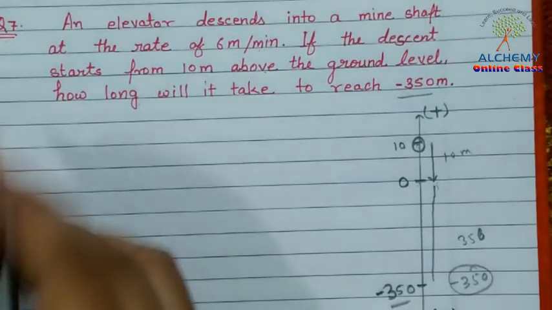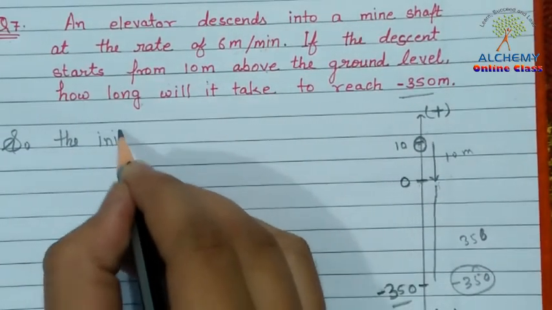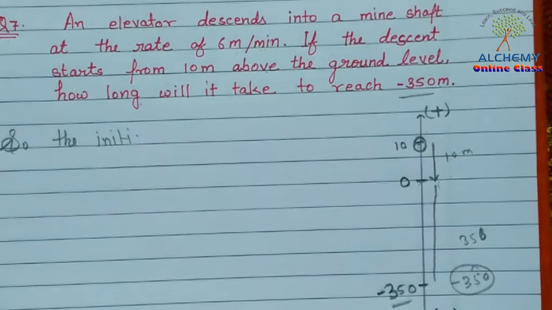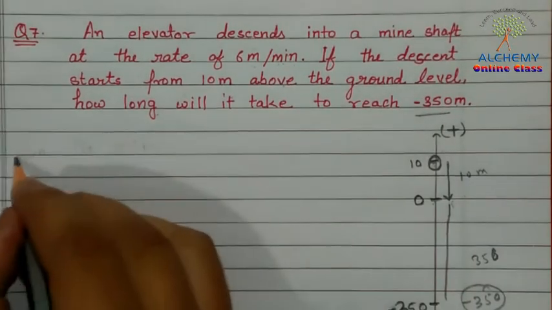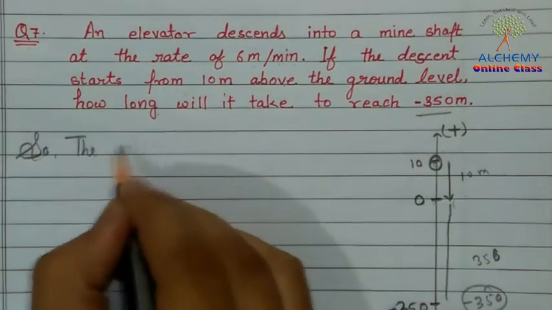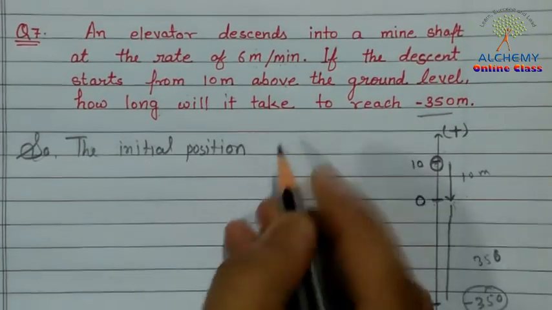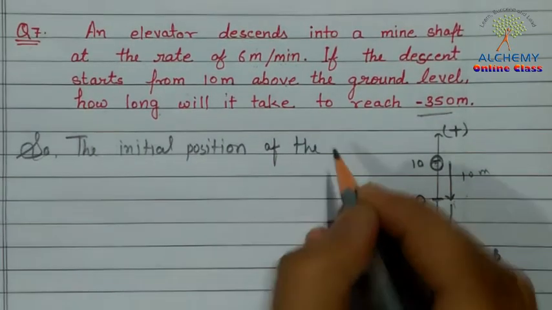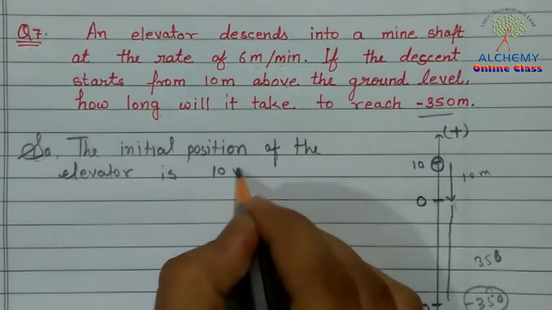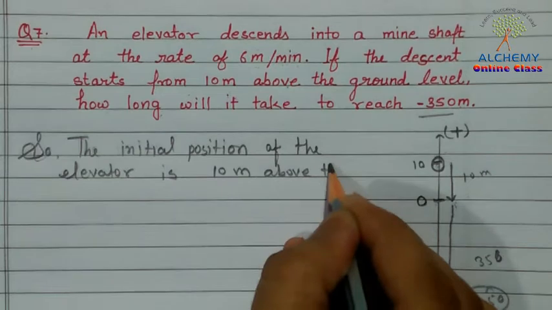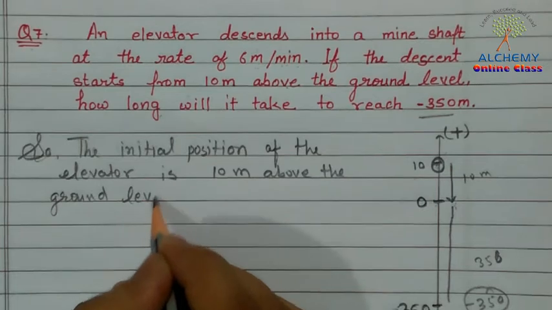So the initial position of the elevator is 10 meters above the ground level.